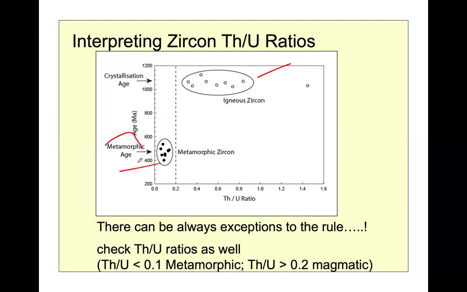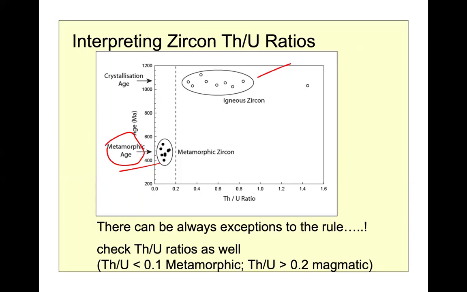Actually, the metamorphic zircons typically have low thorium uranium ratios, whereas some igneous zircons have high values. Thorium uranium ratio difference is also a very important factor. So this is how we distinguish these zircons.